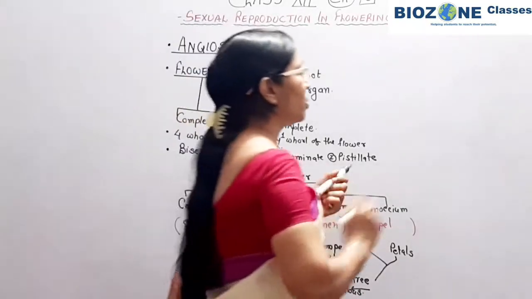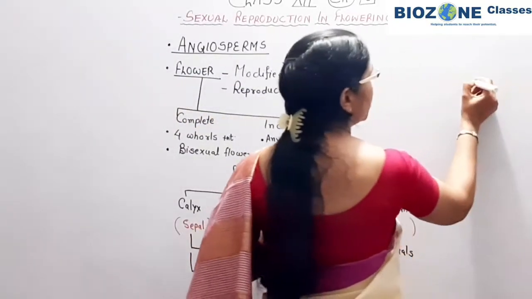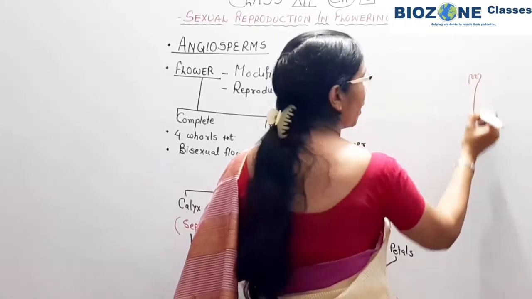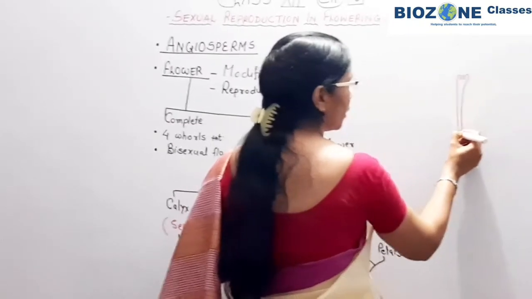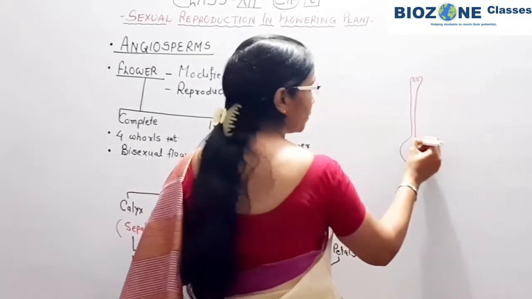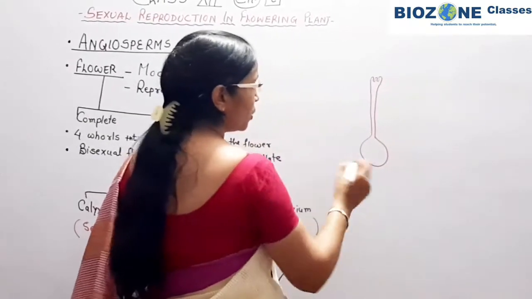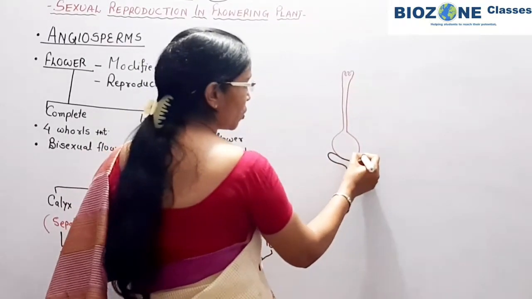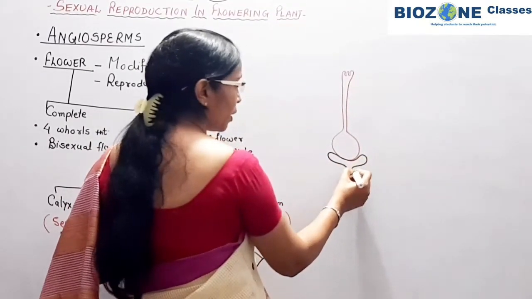Now you see, when we draw the structure of a flower, we first draw the central part of the flower. All the floral parts you remember are based on the receptacle.